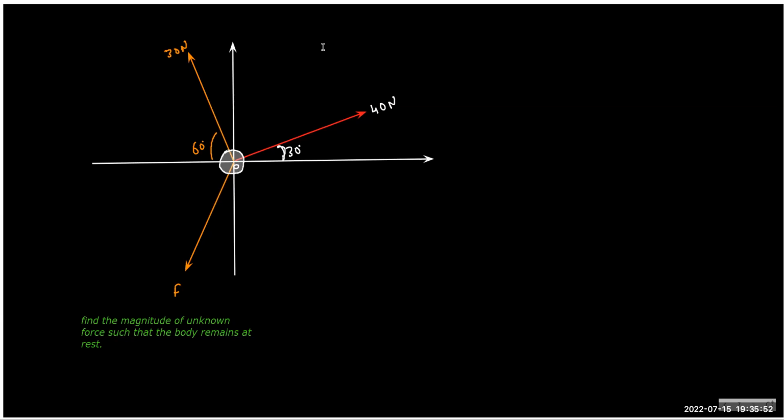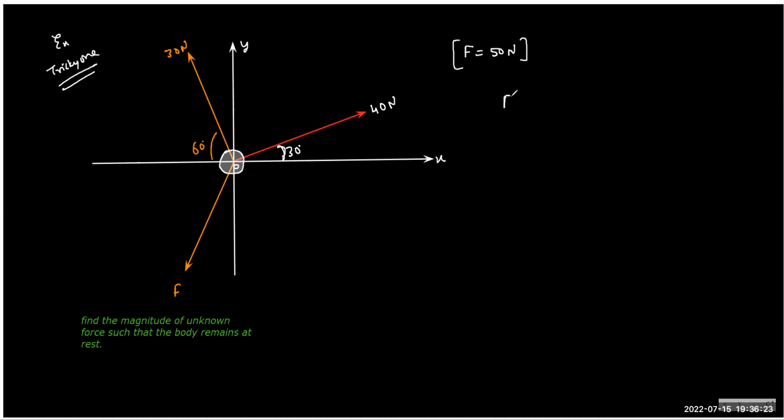Yes, sir, I got it. How much? Sir, 70.19 Newton. Oh my God. Sometimes we are lucky. So this is called the tricky problem. Sometimes we need not do all the hard work, as we always think.